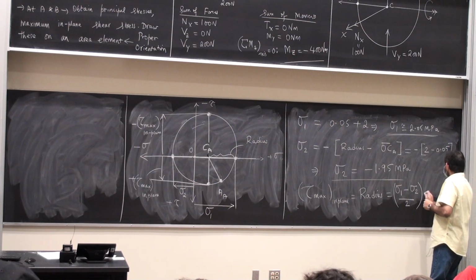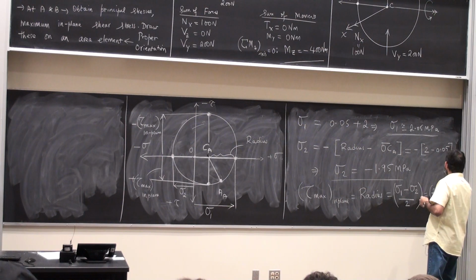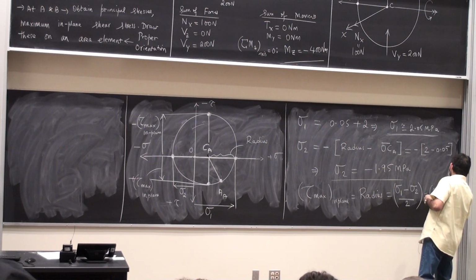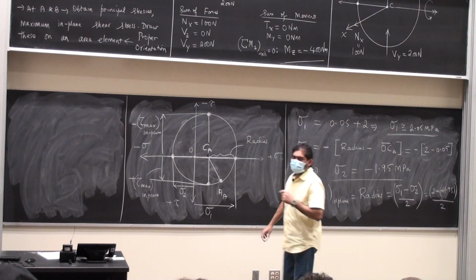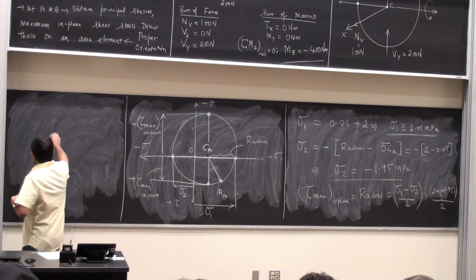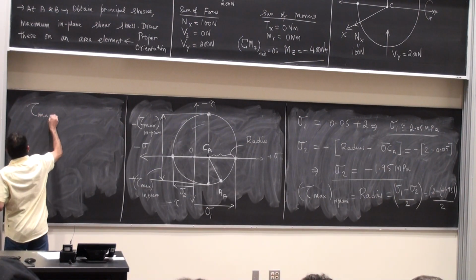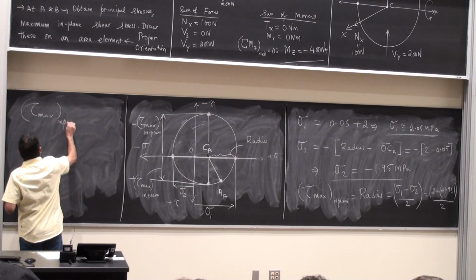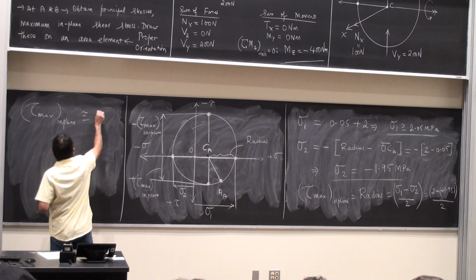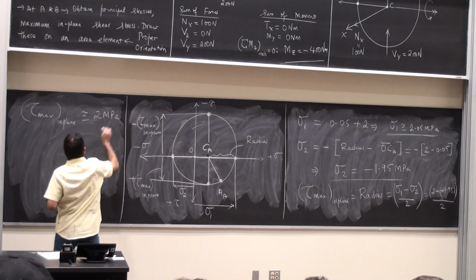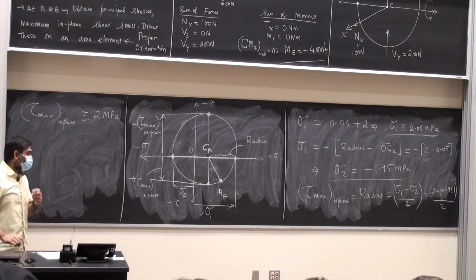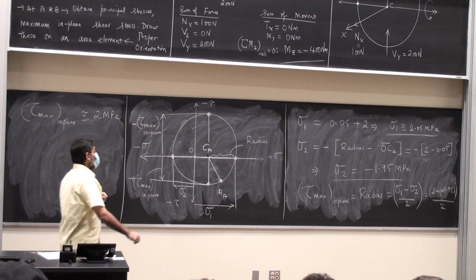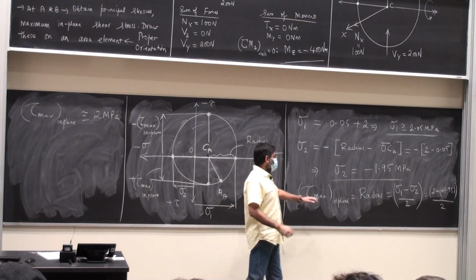So if you want, you can calculate this as 2 minus (minus 1.95) divided by 2, so approximately 2. Tau max is approximately 2 megapascals.